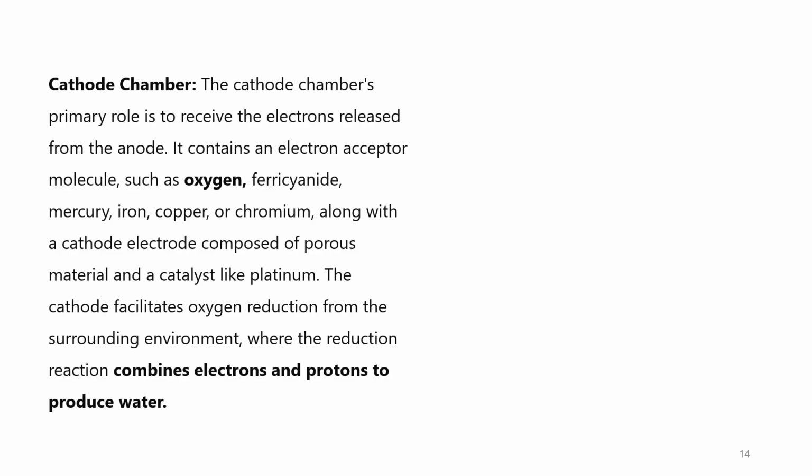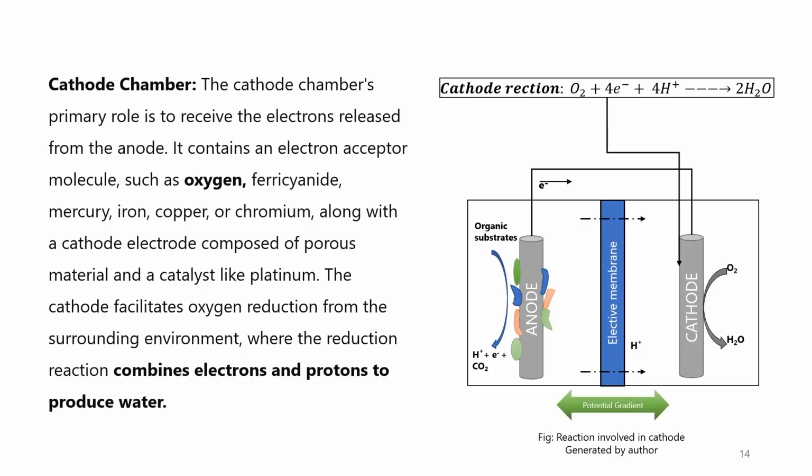The cathode facilitates oxygen reduction from the surrounding environment, where the reduction reaction combines electrons and protons to produce water. So, this is the reaction that is taking place here. So, we are converting organic substrates finally into water, which is a green product and not harmful to the environment.